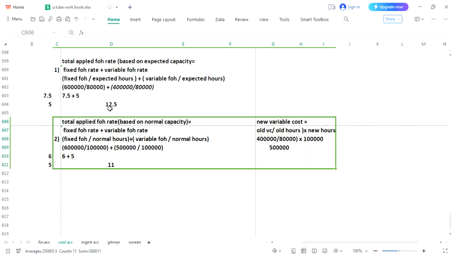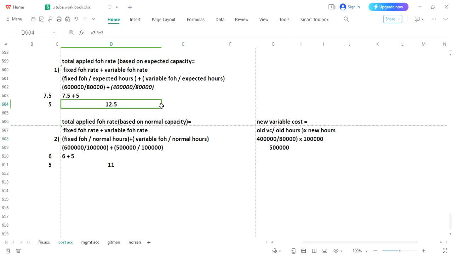First time we have calculated applied FH rate based on a different thing. Here we usually write estimated, expected or budgeted hours, but now first time we have calculated applied FH rate based on normal hours. So please, I'm requesting you to repeat these things 4 to 5 times to understand how to calculate with different hours.